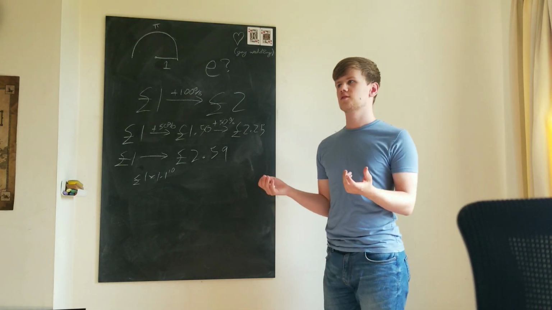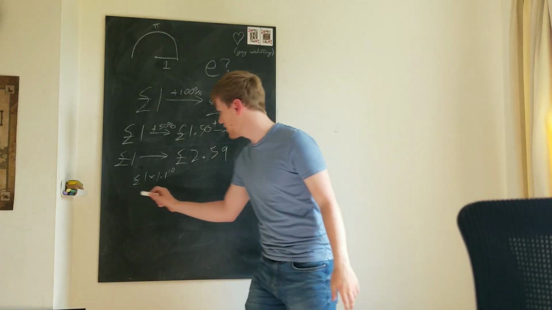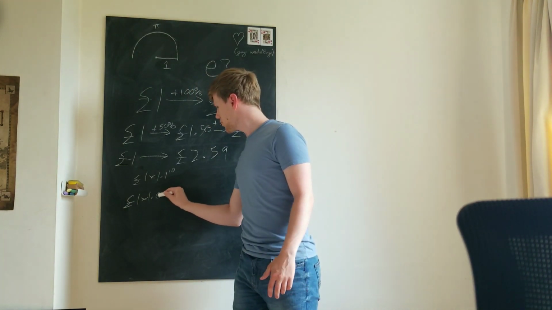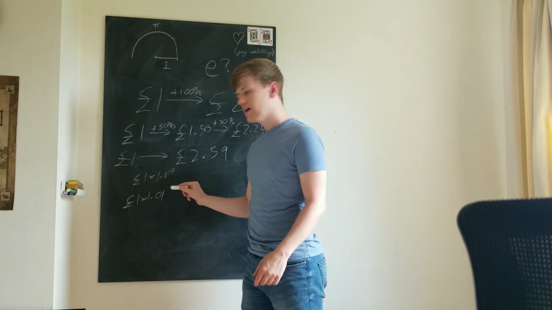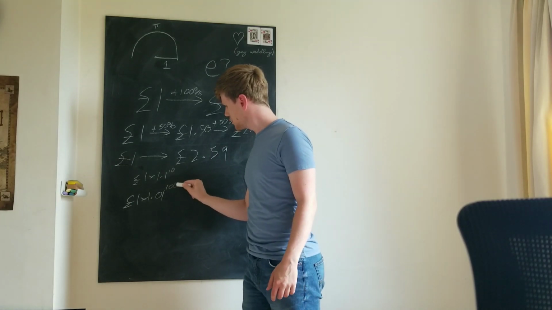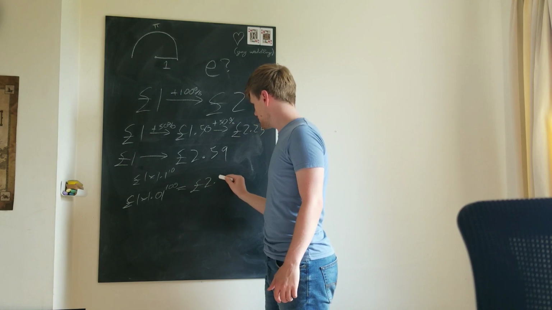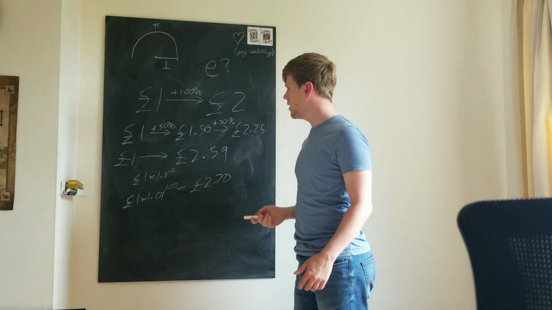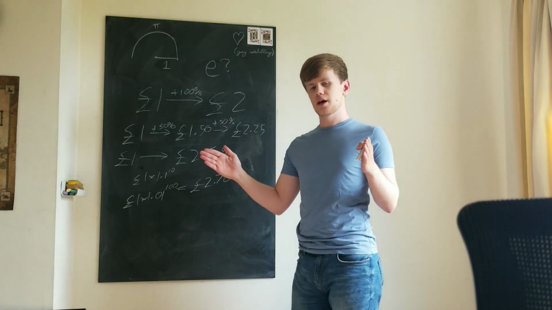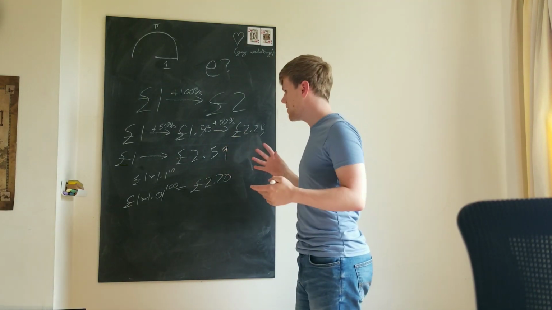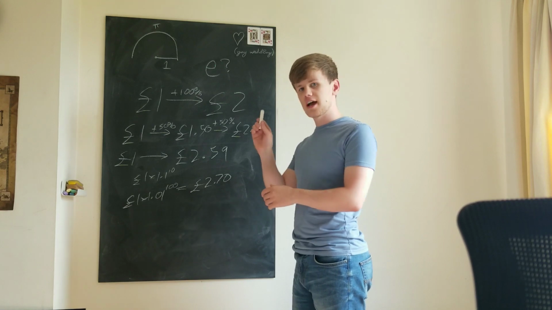If instead we had, say, 1% interest 100 times a year, that would get us our £1 multiplied by 1.01 for the 1% interest, and then we do this 100 times. This gets us £2.70. And so you might think that if you keep splitting up your interest into smaller and smaller chunks, you can get as much money as you want. You get infinite money. But this isn't actually the case.